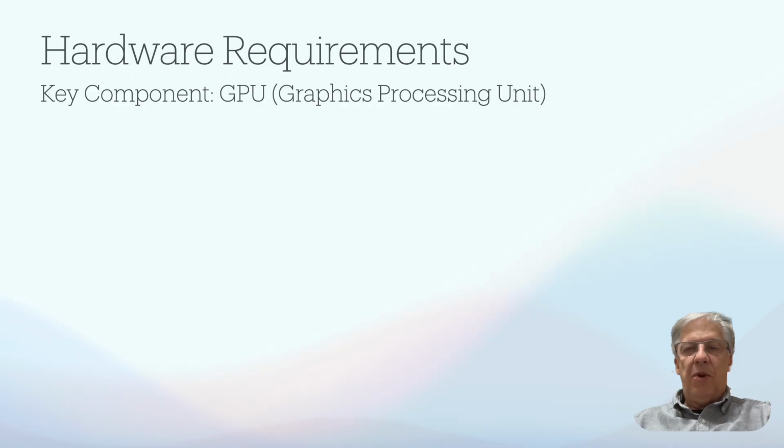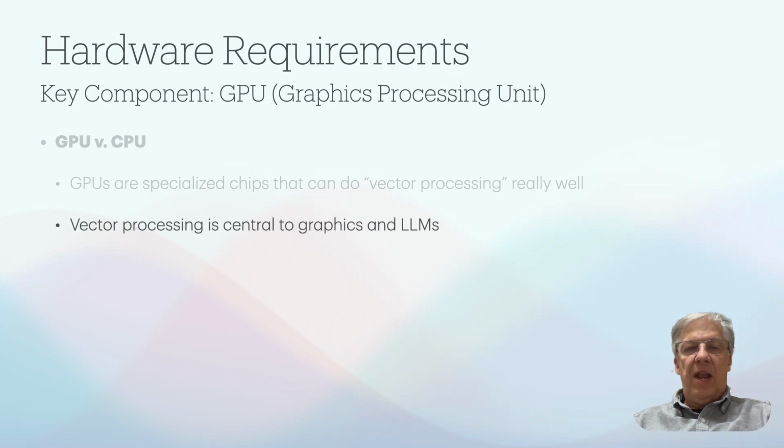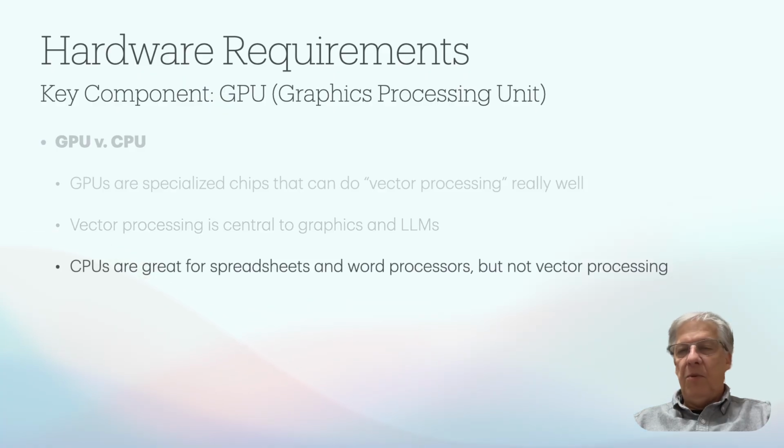So the key component is GPU versus CPU. Like I said, the GPUs are specialized chips. They can do the vector processing really, really well, way better than a CPU can, right? And so it's central to the graphics and to large language models. Now, you may remember CPUs. I'm just trying to jog your memory here. That's the thing you hear about most, that you ignore the most, the i5, i7, how fast they are, things like that.